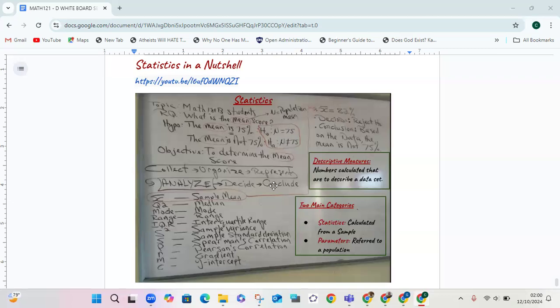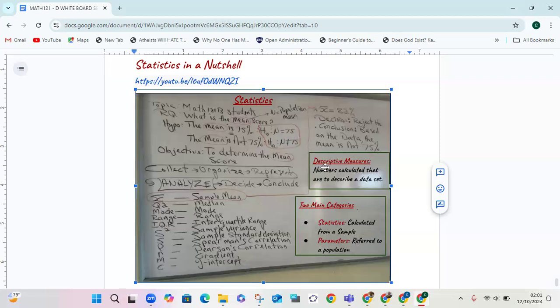And the next step is to conclude. The conclusion here will be with the alternative, because it appears that it has won the debate. The mean is not equal to 75. So based on the data, the mean is not 75%. So basically, this is just a simple outline of the statistics process.